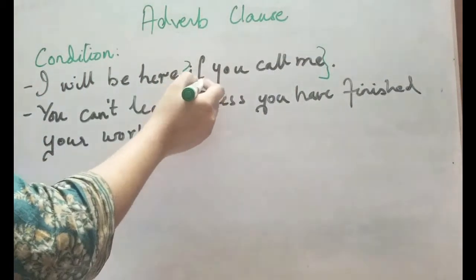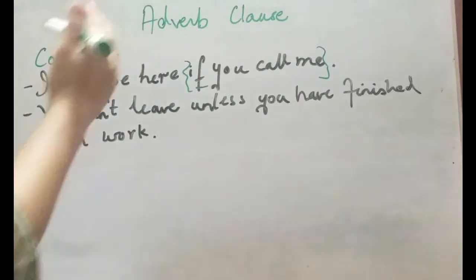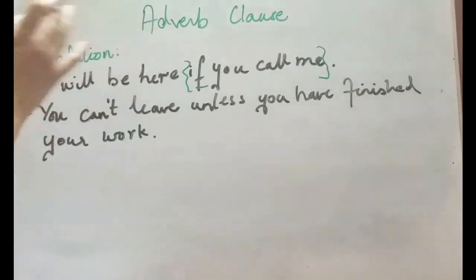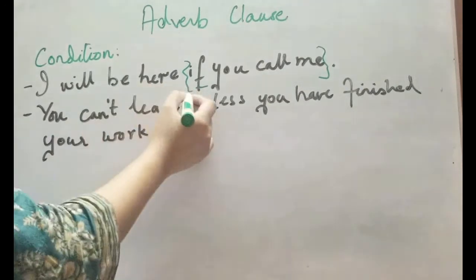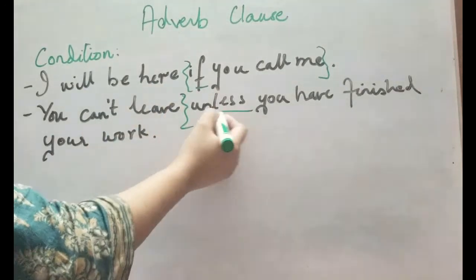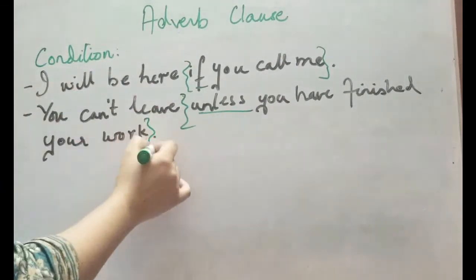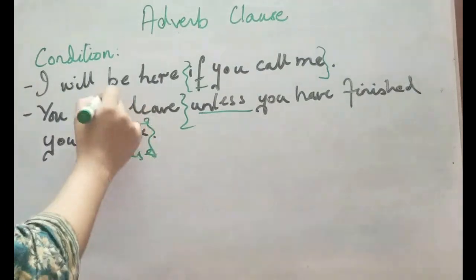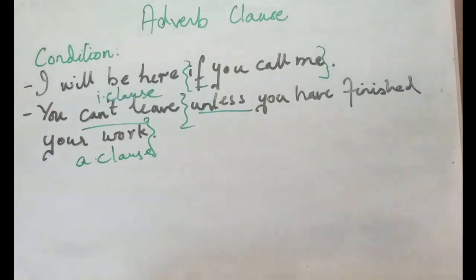If is the condition placed over here, that if you are going to call me, I'll be there. Okay, if you call me, I'll be there. Next: you can't leave unless you have finished your work. So see the condition placed over here: unless you have finished your work, you are not supposed to leave. Adverb clause and your independent clause. This can stand alone in the sentence.